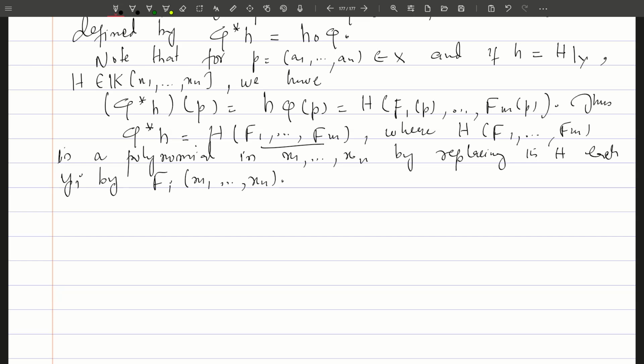Now we have a theorem that says that the pullbacks determine the polynomial functions. So this theorem goes like this. Let X, which is a subset of An, and Y, which is a subset of Am, be affine algebraic sets.